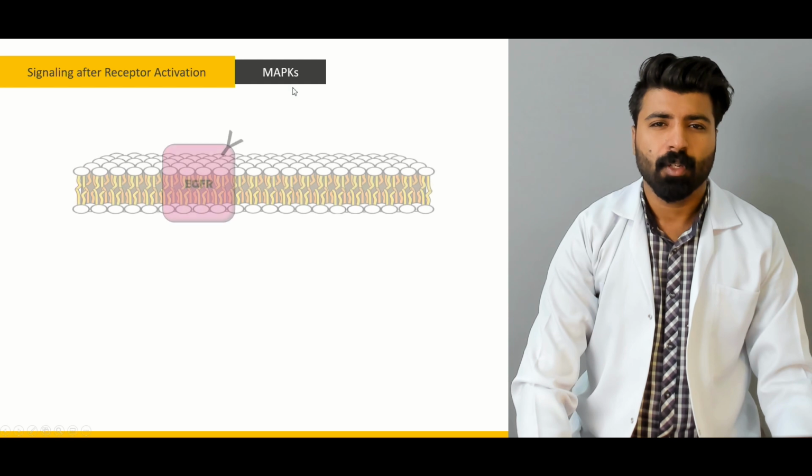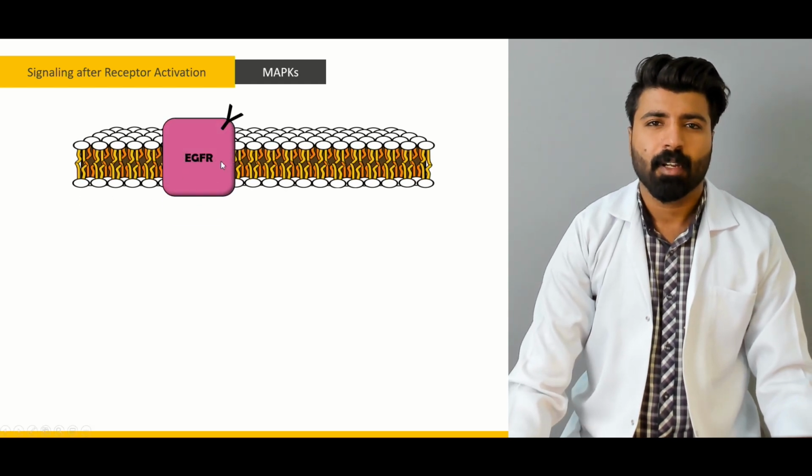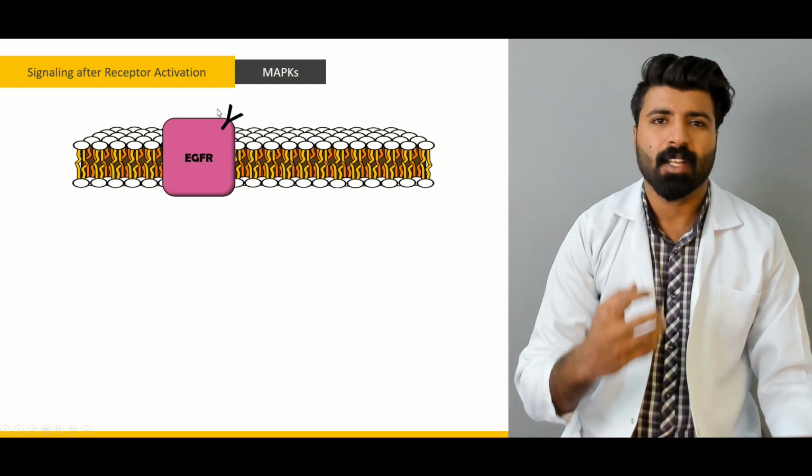Next on, we have signaling after receptor activation with the help of MAPKs. It has this epidermal growth factor receptor. It's not estimated glomerular filtration rate, it's actually epidermal growth factor receptor, and you can see this receptor site on it, so it won't be confusing. So what does a receptor need?